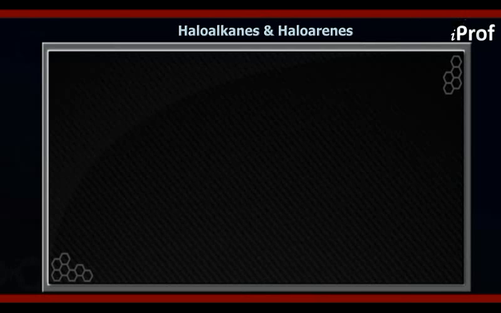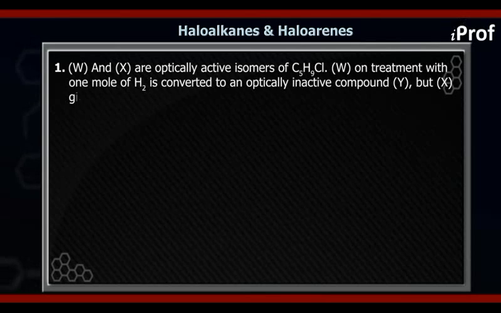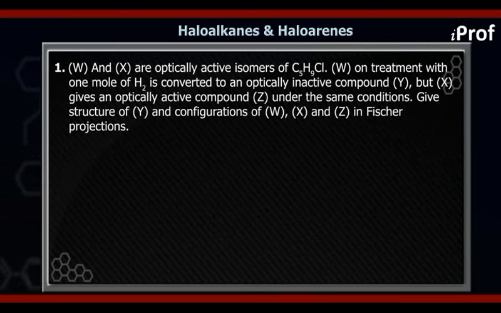Now let us discuss a few of the illustrative examples. The first question we have is: W and X are optically active isomers of C5H9Cl.